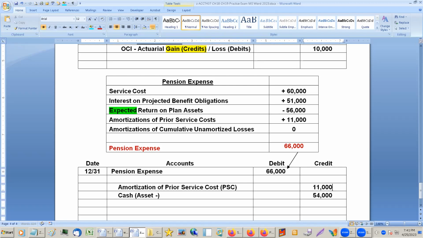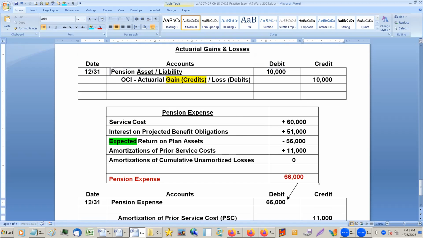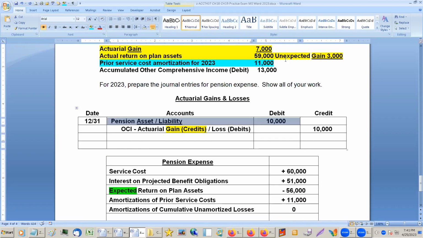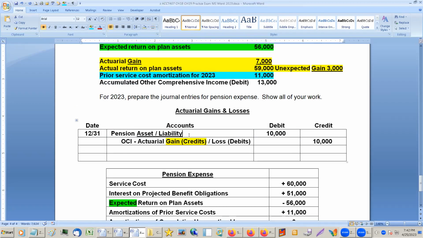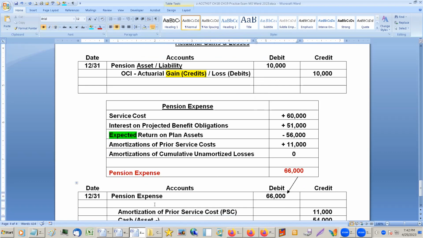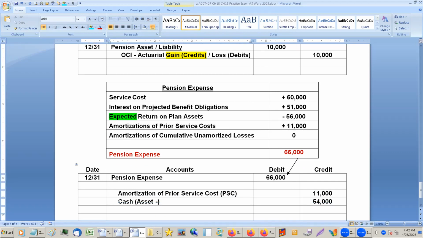And the reason that's 11,000 is in this pension liability, sometime in the past, these prior service costs, the entire amount was dumped into this pension liability. So now we're recognizing it, we're going to take it out of that liability, it's going to be expensed. And if we didn't do that, it would basically be double counting it.